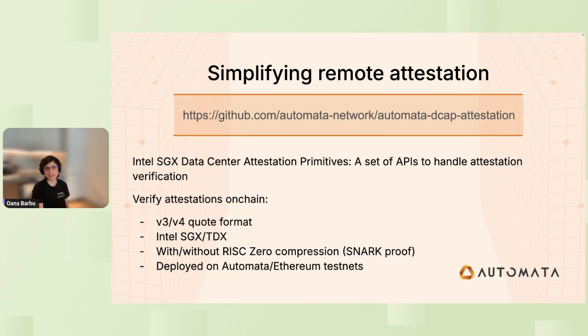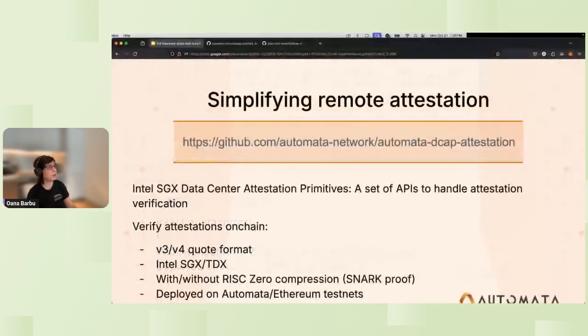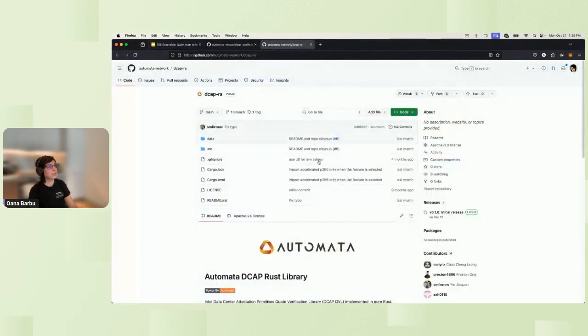And instead of verifying the attestation, now we just verify this SNARK proof, and it's actually cheaper to do that because it only costs roughly 300K gas to do this on chain. And we've deployed the contracts that do this both on Automata and Ethereum.